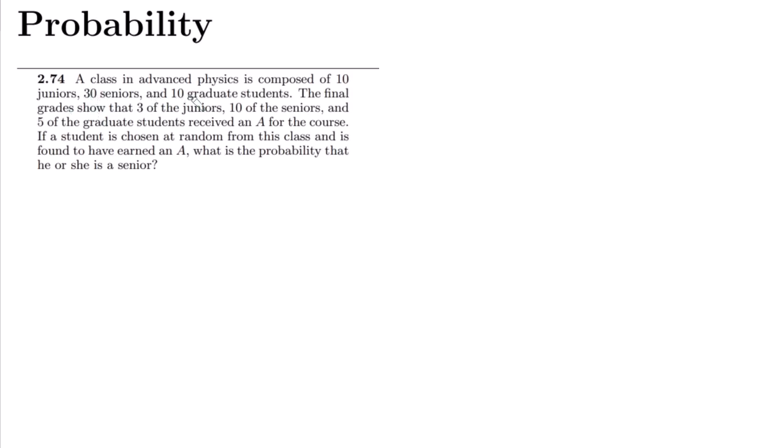A class in advanced physics is composed of 10 juniors, 30 seniors and 10 graduate students. Okay, so let me write the given data here.